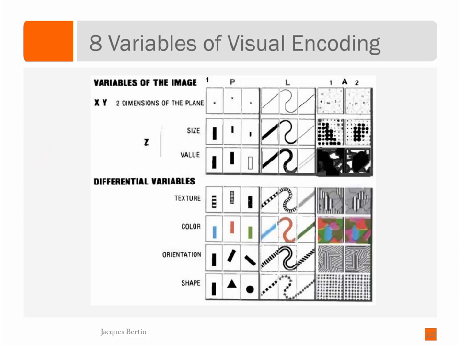Now, Bertin is also credited with developing the 8 basic variables of visual encoding. And these different variables basically are the underpinning of all visual representation that we see in our modern data visualization software.